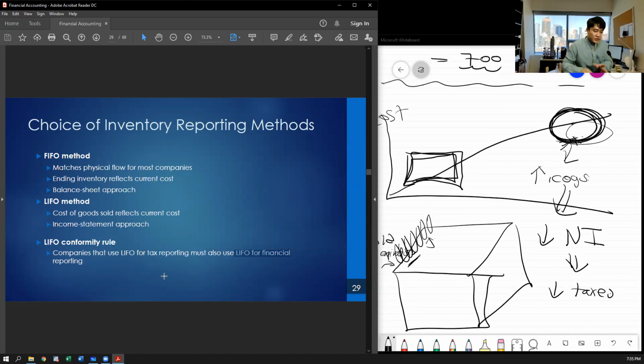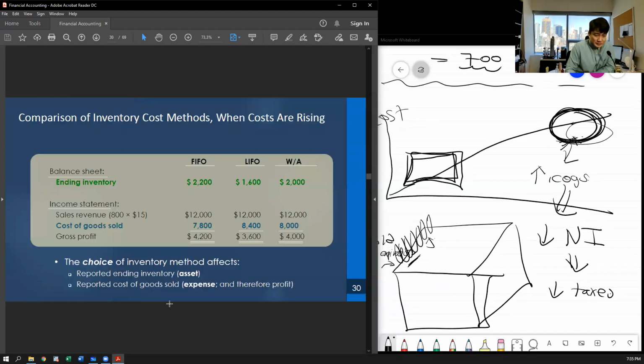So you cannot just use the LIFO method for tax to lower the tax amount and FIFO for financial reporting. There has to be some consistency. Right? Any questions so far? Okay, that's good. No questions.